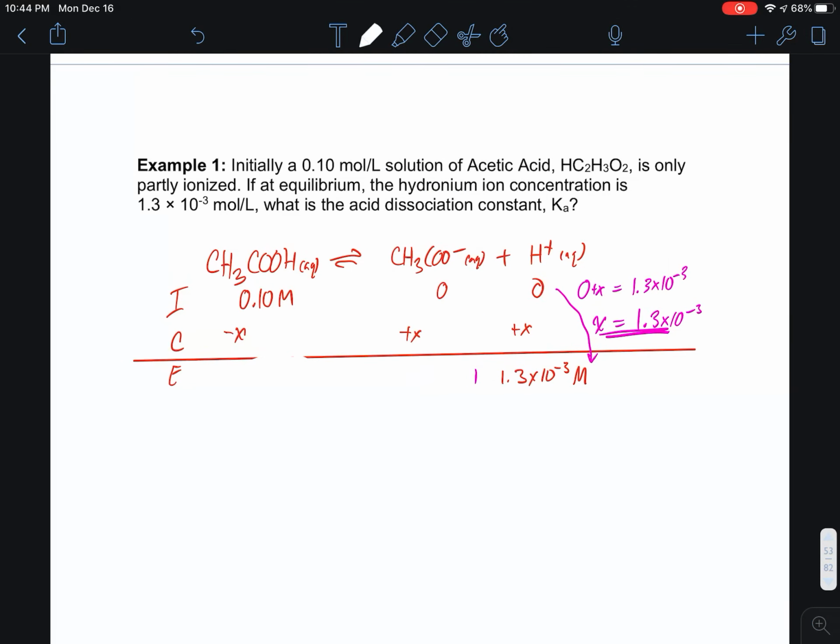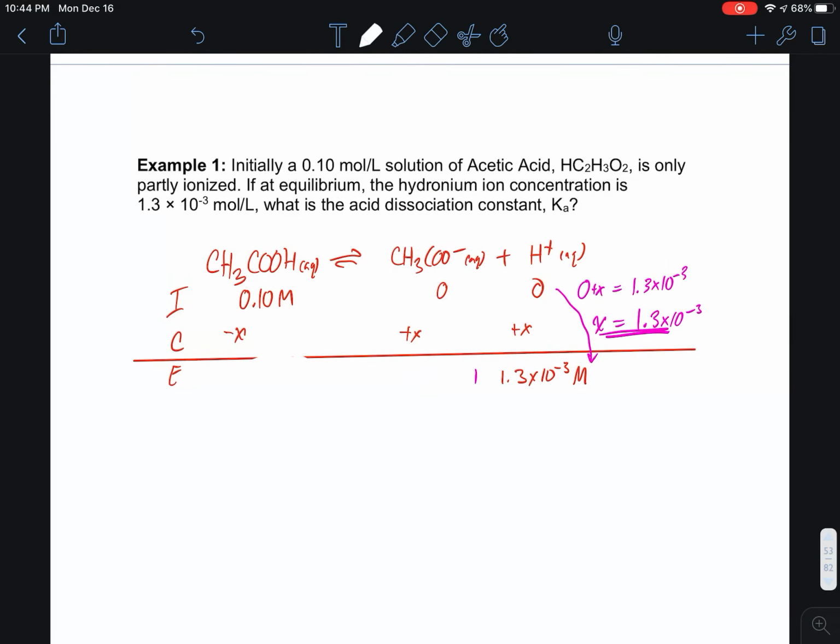So here's my initial concentration, 0.1. Here's my final concentration of hydronium. Both things were given to me in the question. We know that the change must be a change of X, and there must be an equal amount of CH3COO- produced. Otherwise it wouldn't work out.